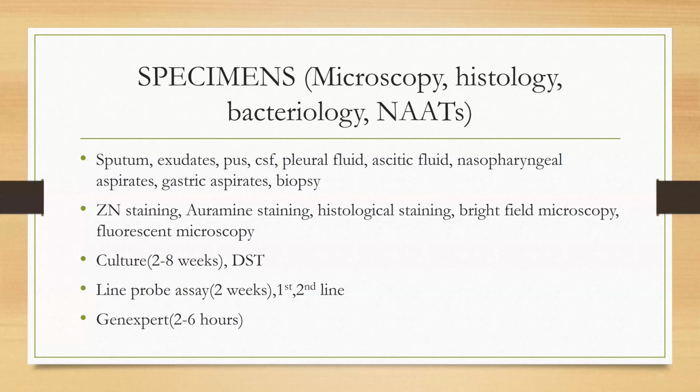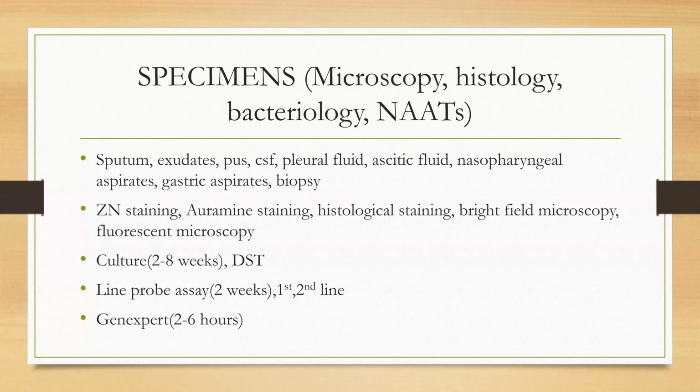Once you do a culture, within 2 weeks you are able to establish whether you are having TB, and you can also see the genome and establish whether the TB that you have is responsive to the first line drugs or the second line drugs.